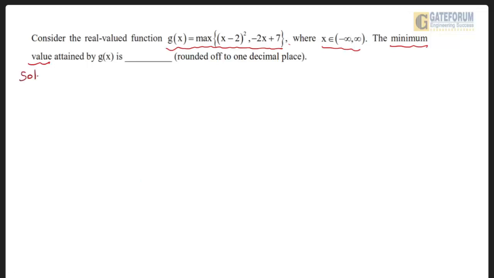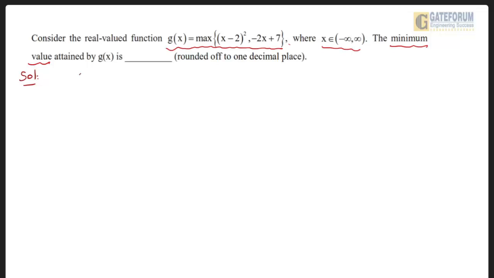Solution. So first of all, to find this maximum of the two functions, each function represents a curve. First, we find the points of intersection of these two curves. That means where these two curves meet, at what values of x these two curves intersect. So g of x is given.